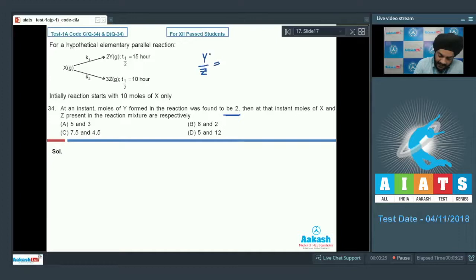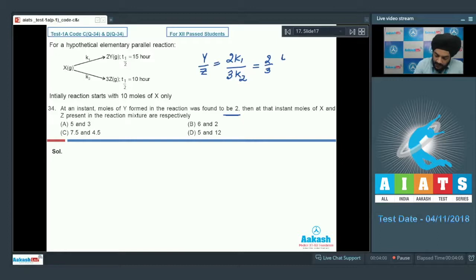So Y is formed at the rate of twice the rate of reaction, so 2K1, and Z is formed 3 times of the rate of reaction, 3K2. Now this K1 is to K2 can be simplified as T half 2 is to T half 1.